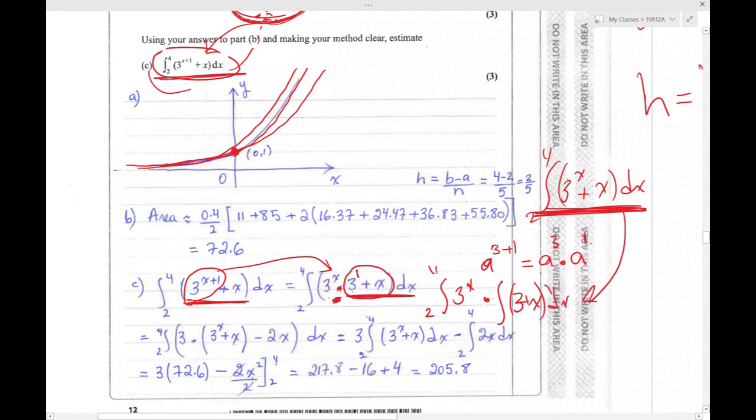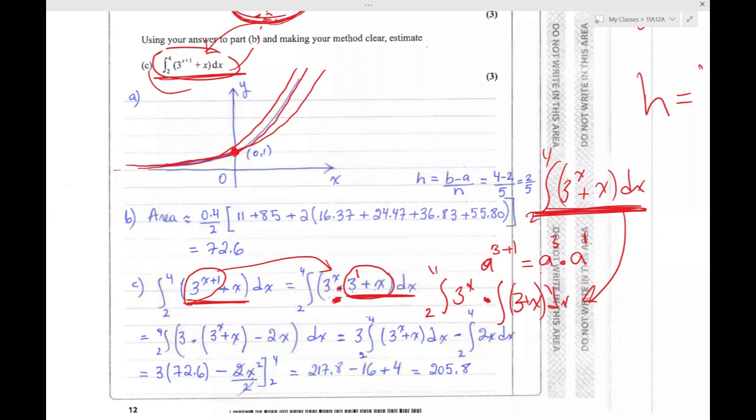You have to do something in order to separate the integration. So this is why we took the 3 here and we combined these two together.